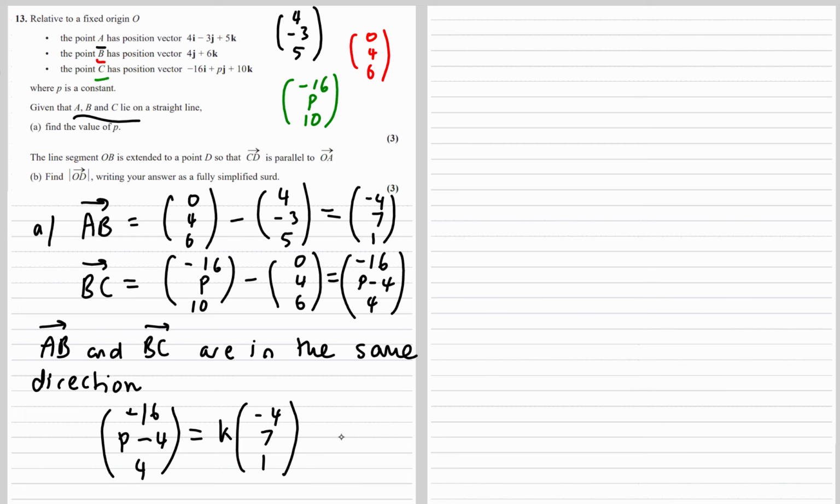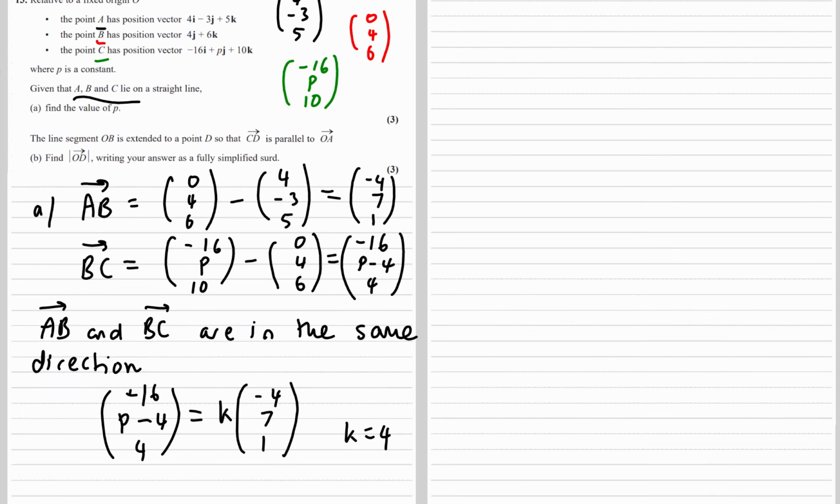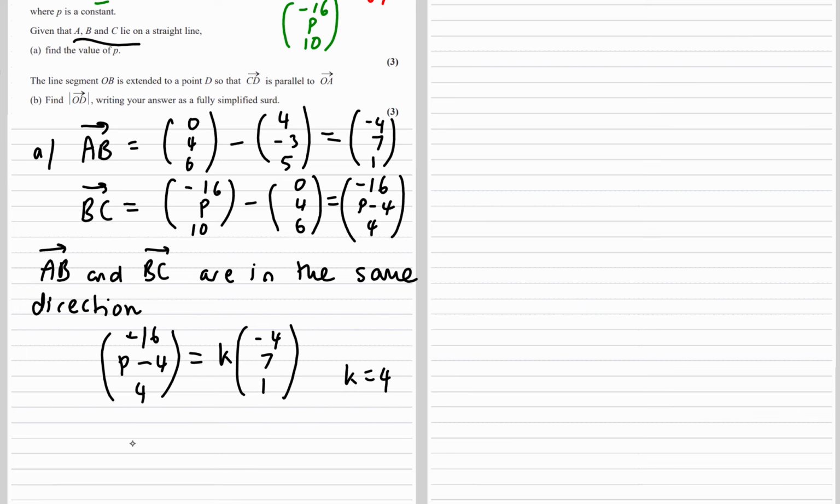I'm just going to say k is 4 because it's quite clear. So if we look at our j line, we'll have p minus 4 is 4 lots of 7. So p minus 4 is 28. So p must be 32.